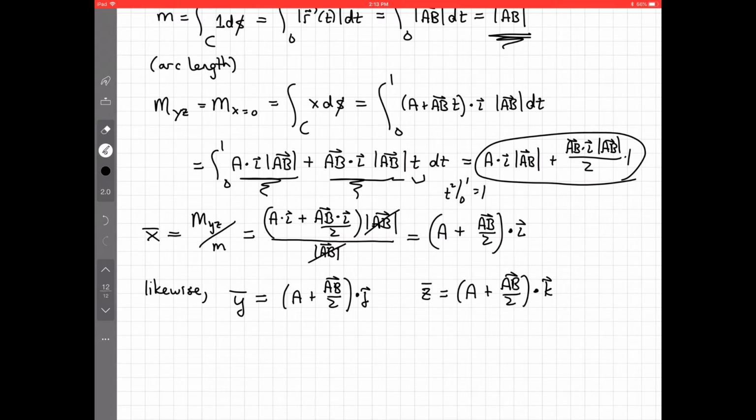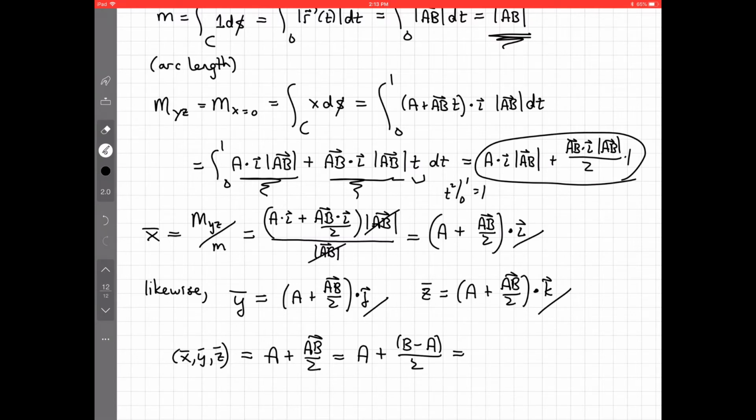Now notice, we have a vector A plus AB over 2, and we have that dotted with i, with j, and with k to get x, y, and z coordinates. Well, that just means that the i, j, k components or coordinates, however you want to look at it, of this vector are x bar, y bar, and z bar. So in other words, x bar, y bar, z bar is this. But if you unravel that a little bit more, again, we're conflating points and vectors, and that's okay.